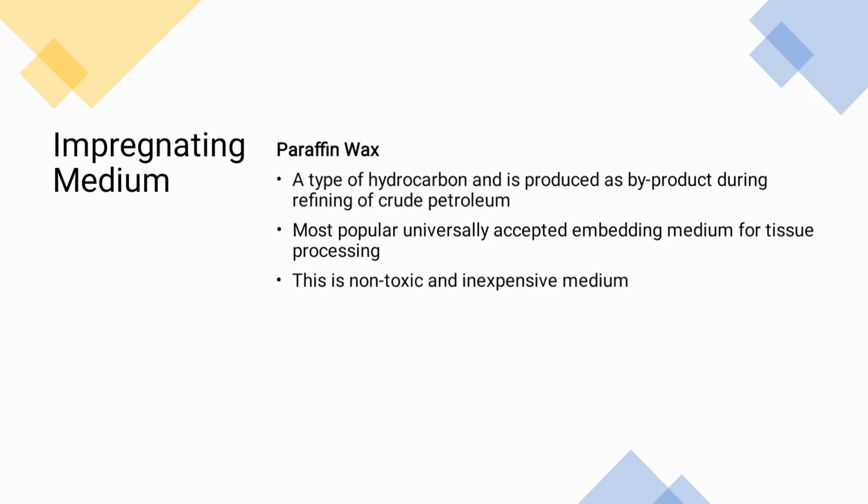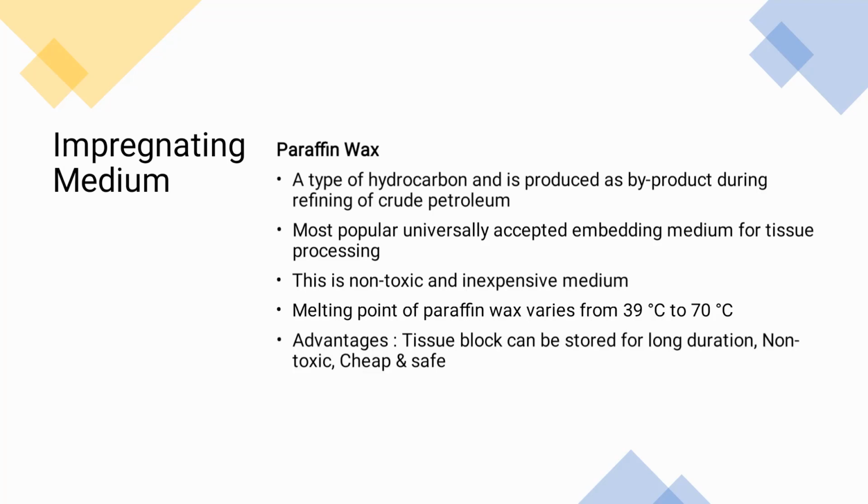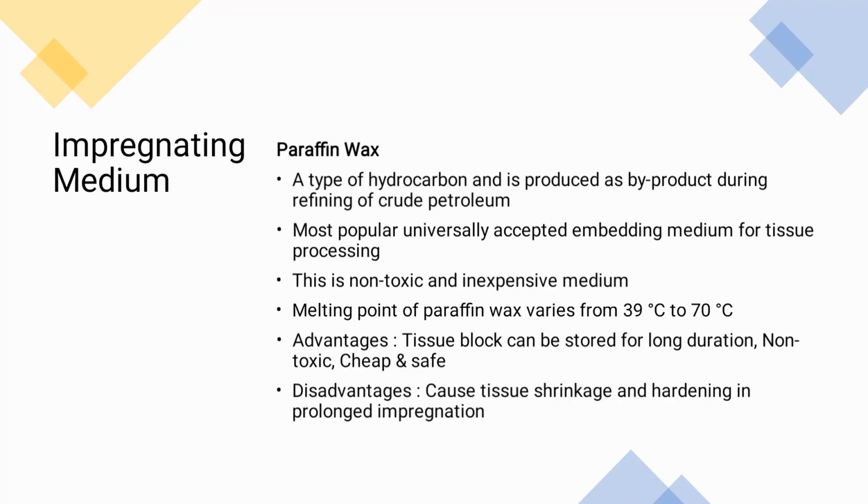It is a very cheap and non-toxic medium. The melting point of paraffin wax varies from 39 degrees to 70 degrees. It has the advantage that we can store the tissue block for a longer period of time, and it does not have any effect on the tissue. It is cheap and very safe.